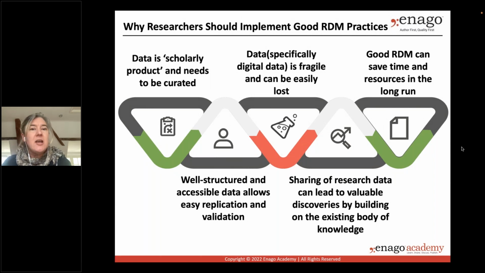Researchers, I think it's incumbent upon us to treat data appropriately as a scholarly output and with respect, and to see it as being part of our research practice. So well-structured, accessible data will allow easy replication and validation. So it builds that opportunity to show that it's good quality research that you've been doing, and to build that trust in the knowledge overall.